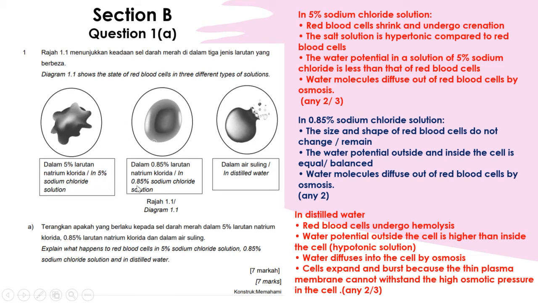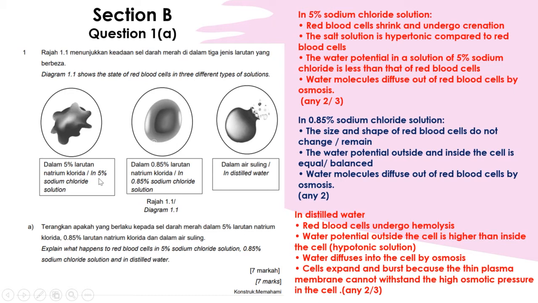Whereas this one is 0.85%. So which one has a higher concentration? 5% has a higher concentration of sodium chloride than the 0.85%. So automatically we know that this solution is hypertonic.